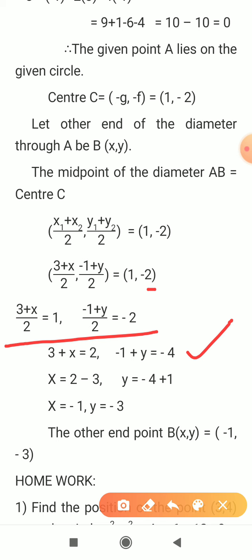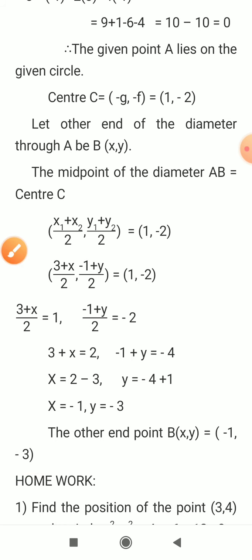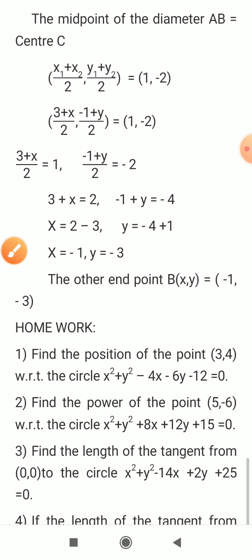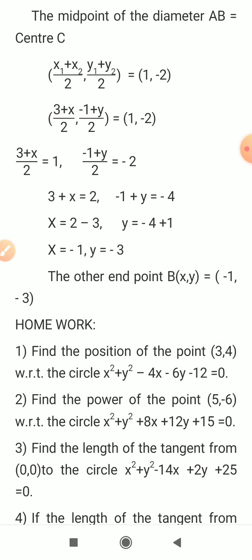So x is equal to minus 1, y is equal to minus 3. The other end of the diameter through A is (-1, -3). Like that we find the other end of the diameter.